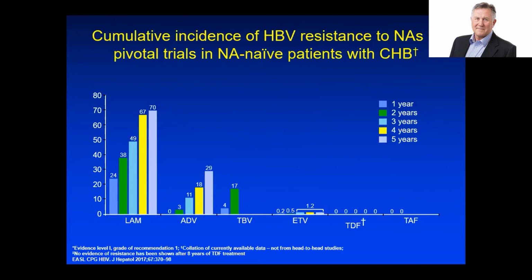If you look at Entecavir, the third last on the bottom panel, it's 1.2% and doesn't go up with ongoing time. It's just flat. Tenofovir still has no resistance, which as a person with a virological background is stunning for a single drug, but the data is there. So these drugs are associated with incredibly low or no levels of resistance.